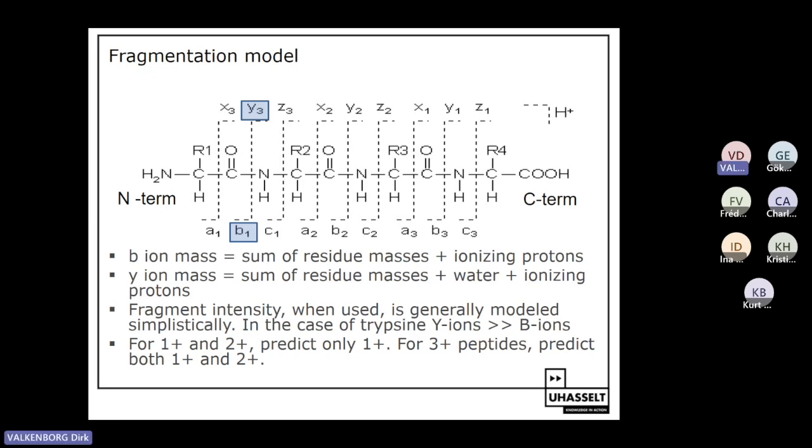Here I need to talk again about the benefit of using trypsin, because we have now an arginine or a lysine sitting on this C-terminal side. Most likely the C-terminus will get a charge, and the N-terminus will get a charge. So if we break something in two, we will most likely see the B ion appearing and the Y ion appearing.